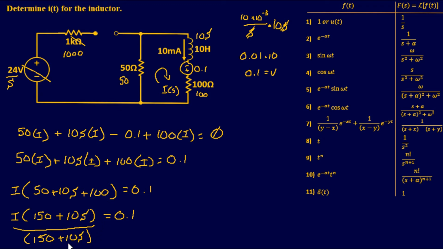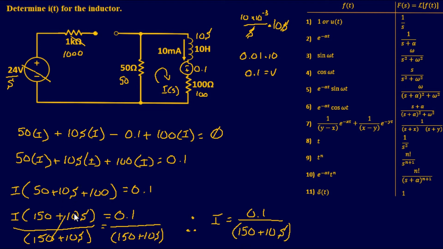This is our impedance or our resistance. So again, you just revert back to your fundamentals. And then it's going to be equal to 0.1 also divided by 150 plus 10S. And that cancels out. So in other words, we're going to have current equals 0.1 divided by 150 plus 10S.